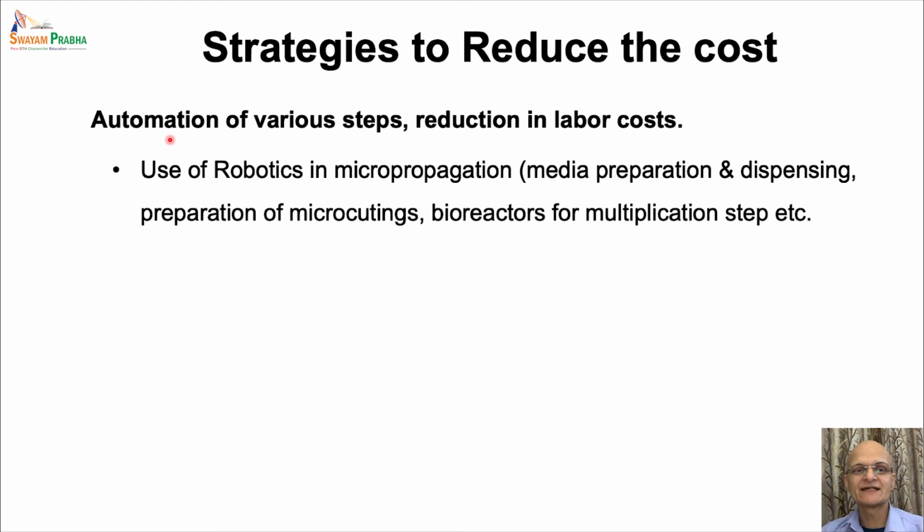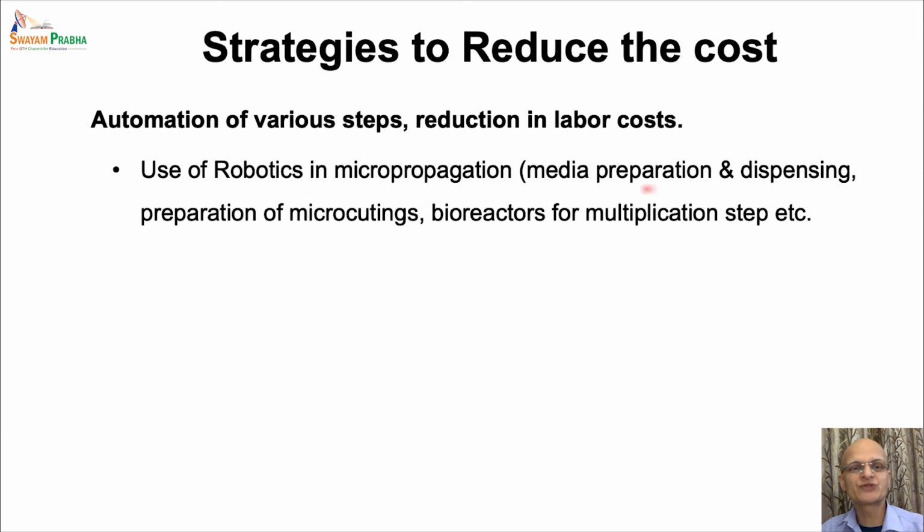Now, one of the important cost reducing factors is the automation of various stages of micropropagation that can reduce the production cost significantly by reducing the labor cost. Like use of robotics for the micropropagation.